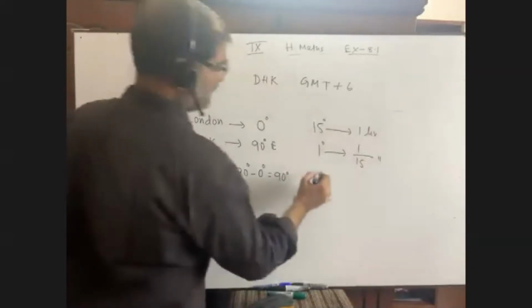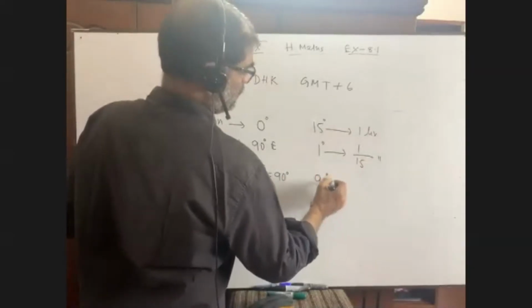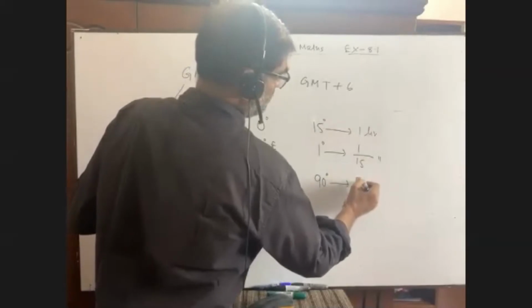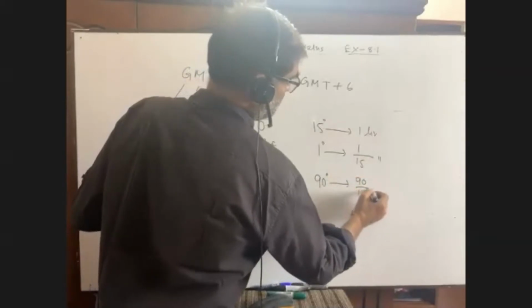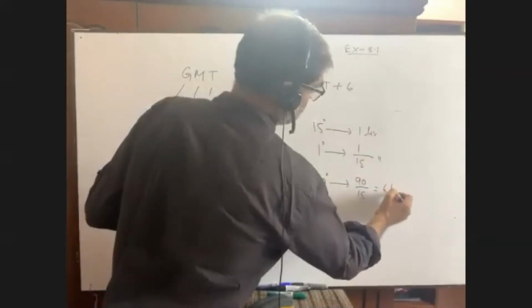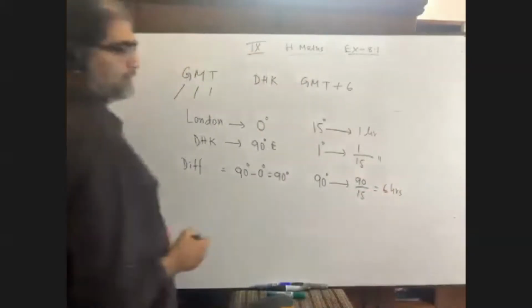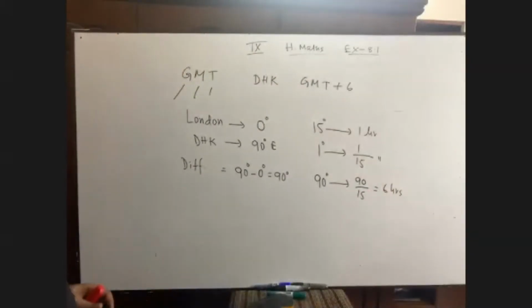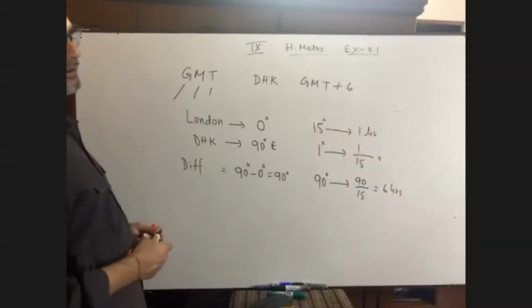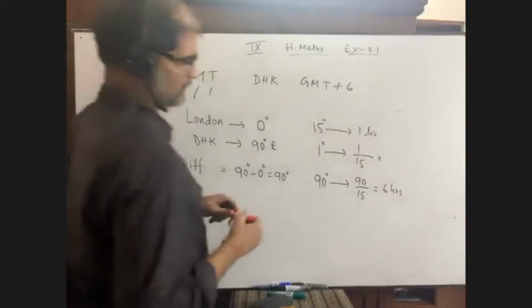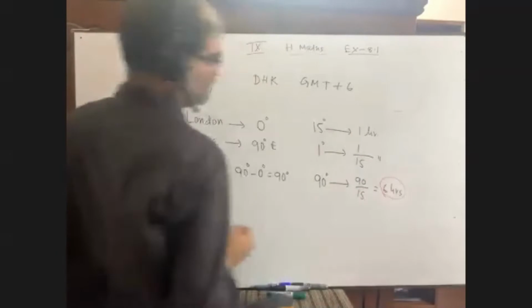Then 90 degree equals 90 by 15, that is 6 hours. So the time difference between Dhaka and London is 6 hours.